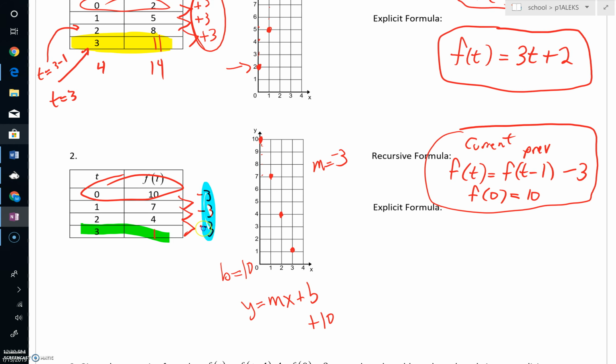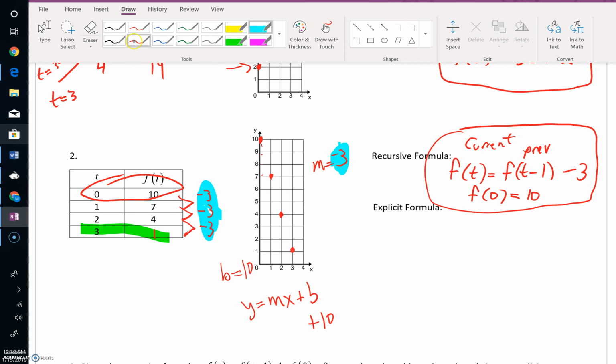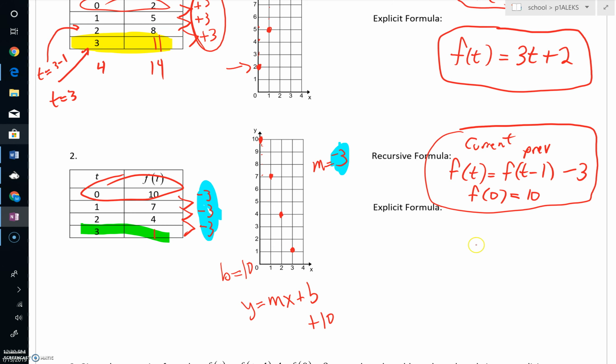This is what you really need to make a connection with. Your slope is that change in our y values, isn't it? So instead of writing mx plus b, we can say mt plus b, so to speak. Here's your slope, negative 3t plus 10. Hey, look at that one.